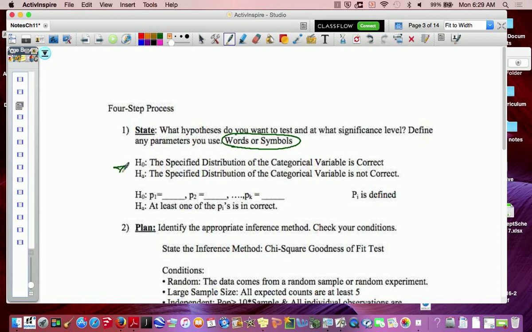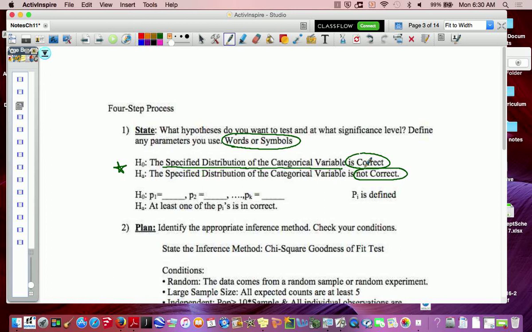I think it's a little bit easier, but you can do symbols. So what I do is I'll simply state that the specified distribution that was given for the categorical variable is correct. The question is, do we collect a sample that is so different than what we expect that it causes us to suspect or show statistical evidence that it's not correct?